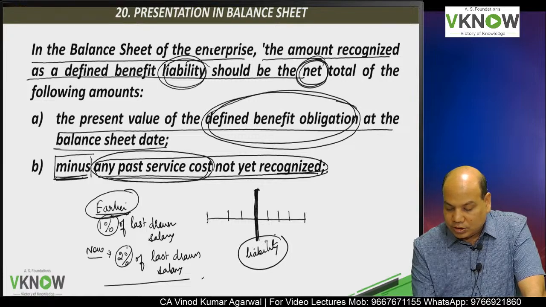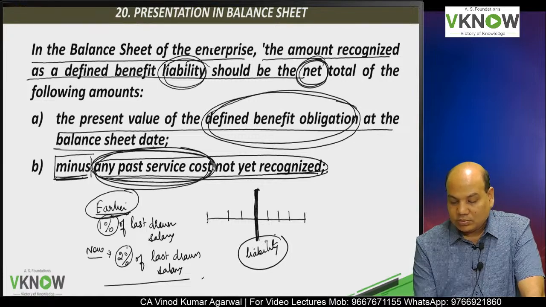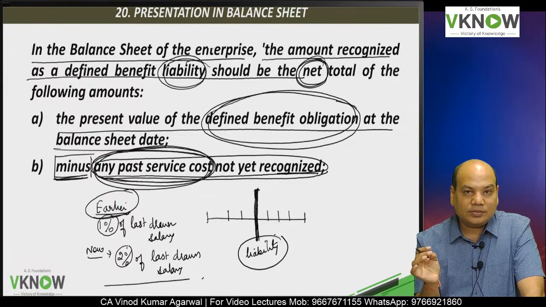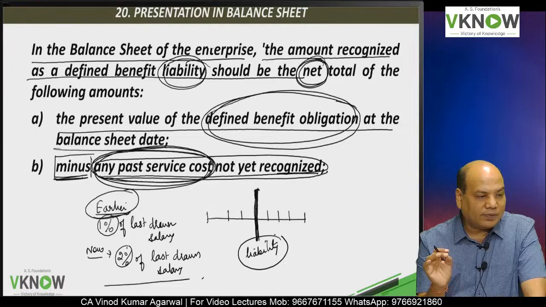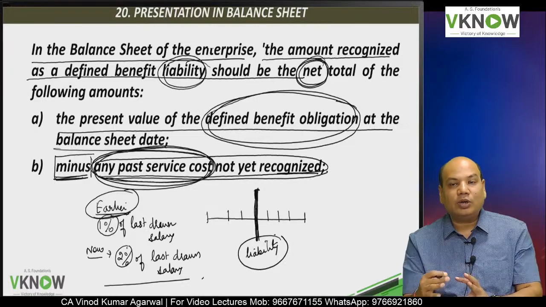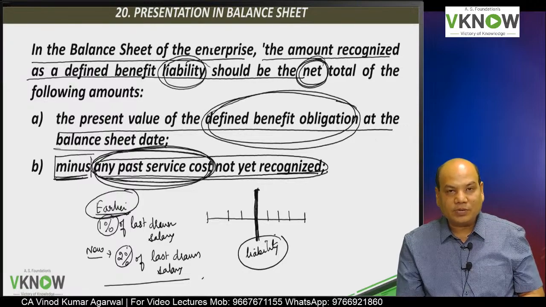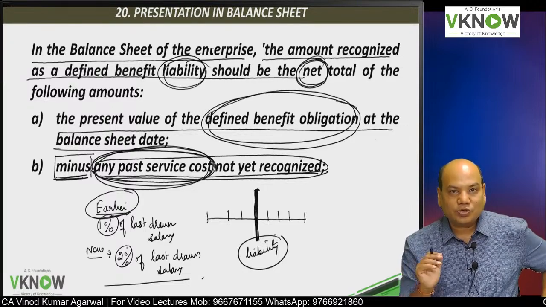This increase or decrease in liability due to amendment in the plan with retrospective effect is called past service cost.